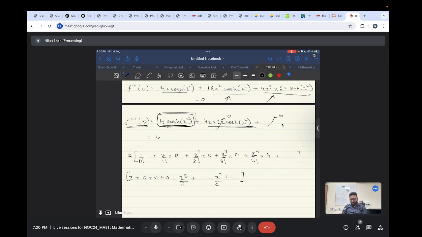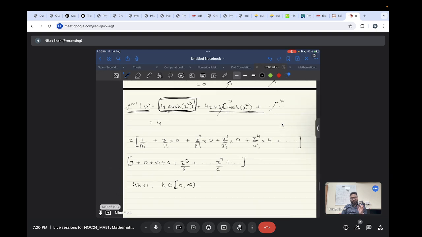But the point being that the powers present here are only 4k plus 1, k belongs to 0 to infinity. So what this means is that there are non-zero terms for power n equal to 4k plus 1 only, right? This is when I'm equating this to the sum over a_n z raised to power n, n goes from 0 to infinity.